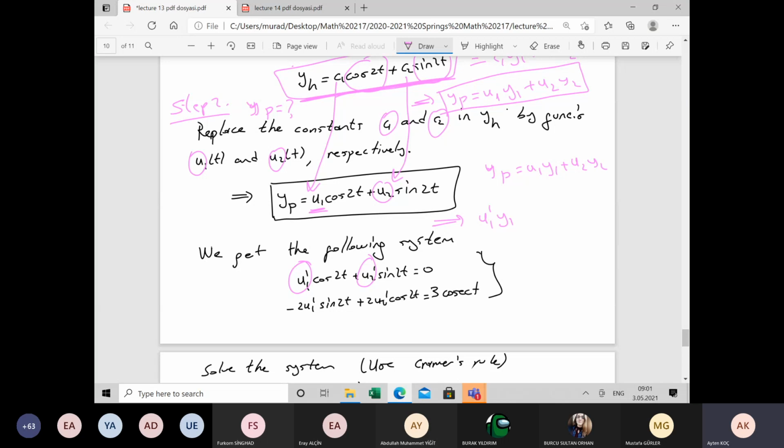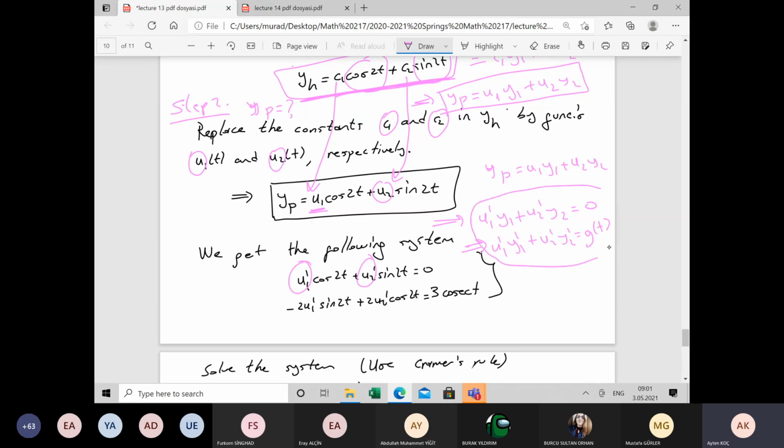The first equation is U1 prime y sub 1 plus U2 prime y sub 2 equals 0, and the second equation is U1 prime y sub 1 prime plus U2 prime y sub 2 prime is equal to g of t.